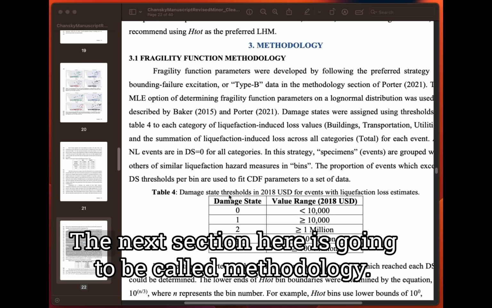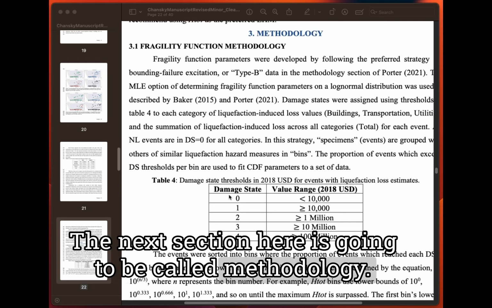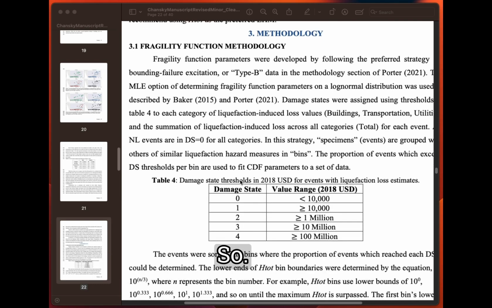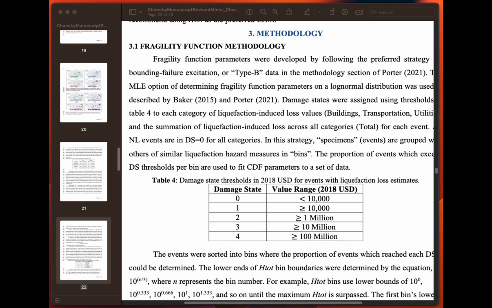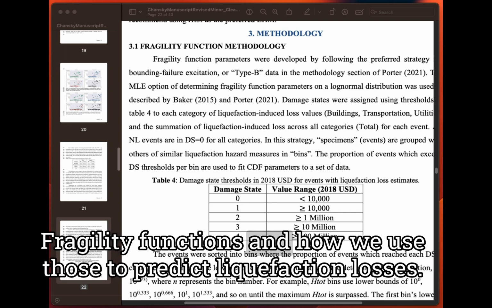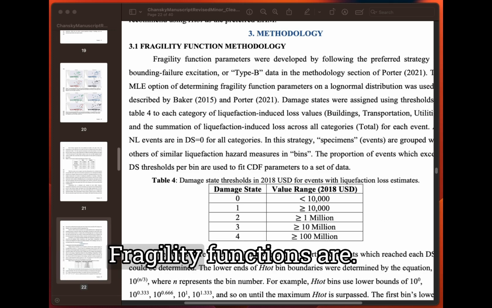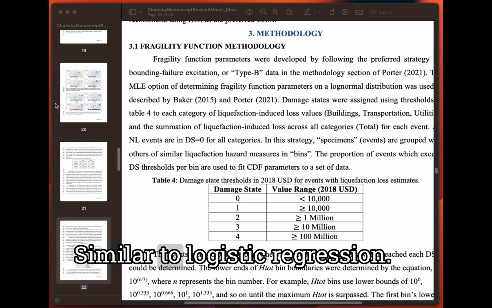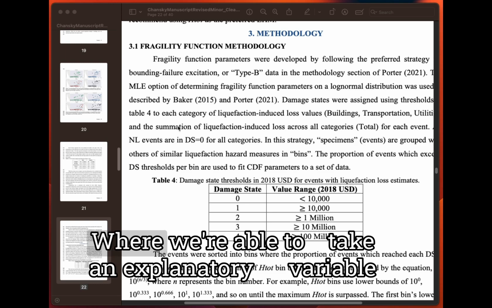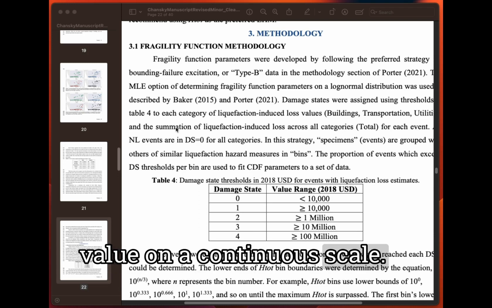The next section here is going to be called methodology. So this is all about the methodology of how we built fragility functions and how we use those to predict liquefaction losses. Fragility functions are similar to logistic regression, where we're able to take a variable value on a continuous scale.